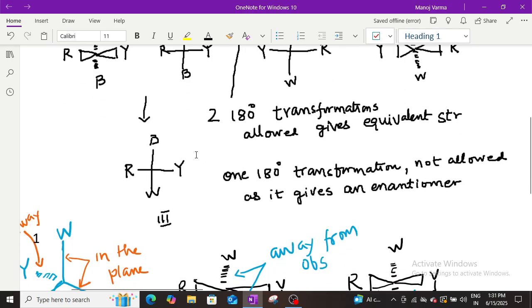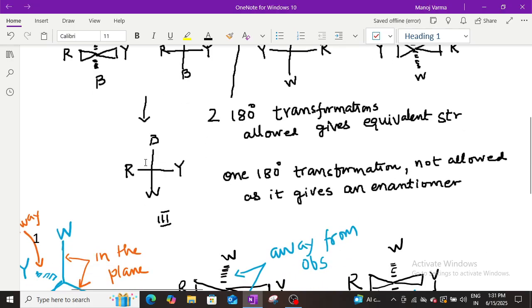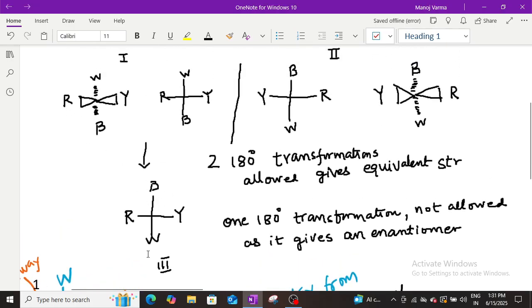But if you go from 1 to 3, then you will find that the red and yellow are still occupying the same positions, but I have made one 180 degree transformation between the white and the black. So there has been only one 180 degree transformation.